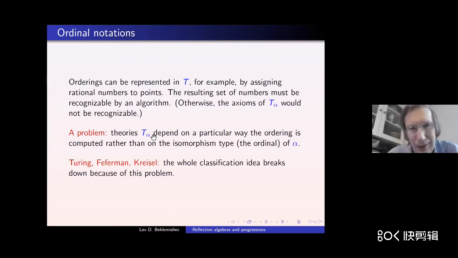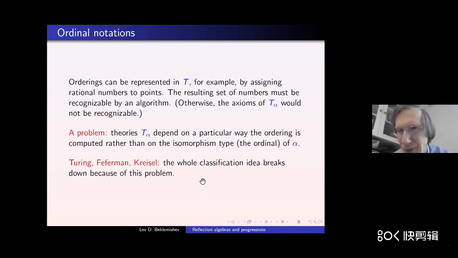Different ordinal notation systems can assign vastly different theories to the same ordinal. And that dependence is what induced Turing's pessimism.